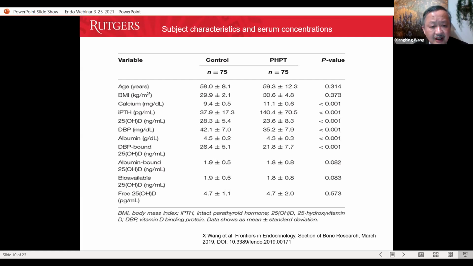So we raise the concept: this total vitamin D is low, and almost 80% of patients have 25 vitamin D below 30, which we call vitamin D deficiency or insufficiency, but the free vitamin D level is not different.